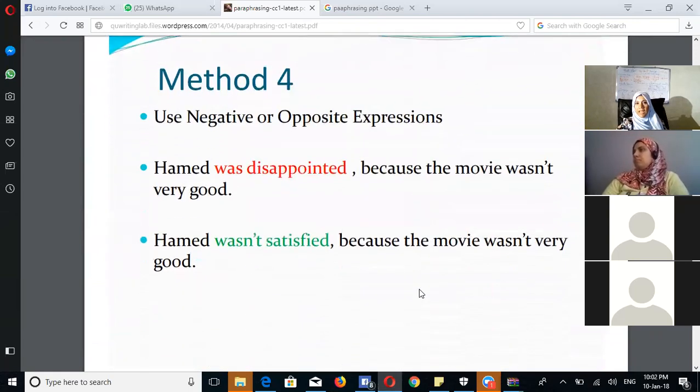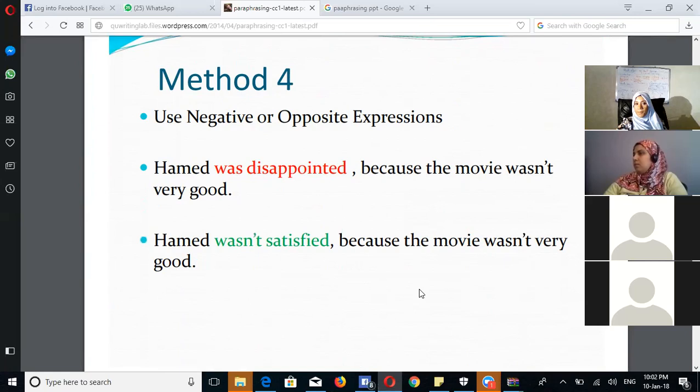Also, another method is to use negative or opposite expressions, which are the synonyms or the opposites. Hiba, read. Use negative or opposite expressions, like: Hamid was disappointed because the movie wasn't very good.